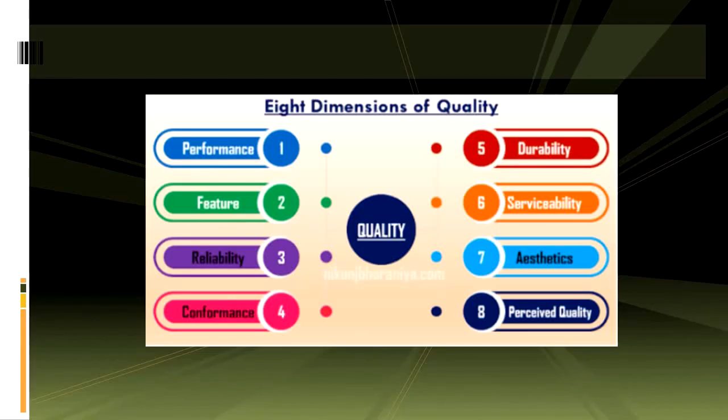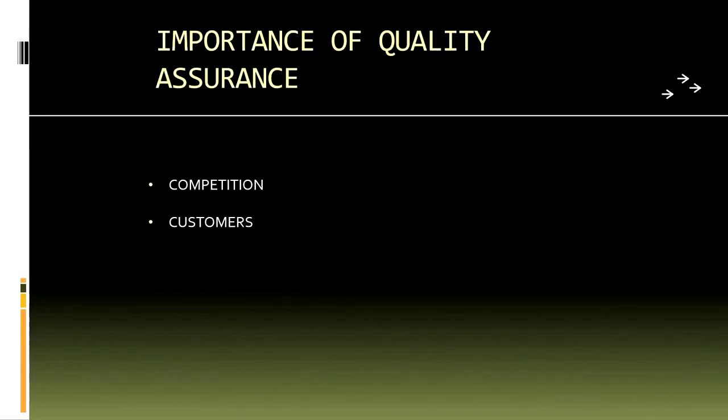But actually all the parameters are equally important when you try to describe quality, seam and thread performance. Competition and customers are very important parameters for quality assurance, because when you assure quality in a particular industry, you have to go as per the customer's requirement.